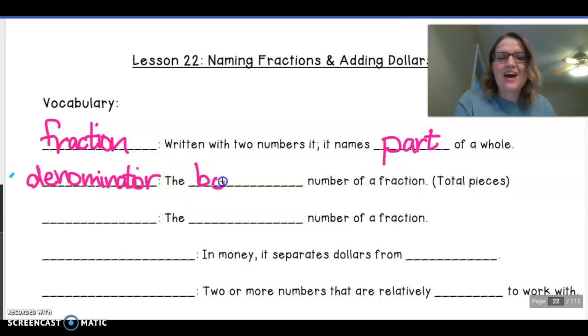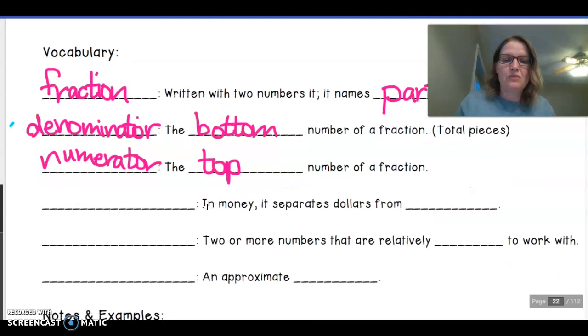That tells us how many parts are in our whole. And where we have the denominator, we also have our numerator, and that is the top part of the fraction.